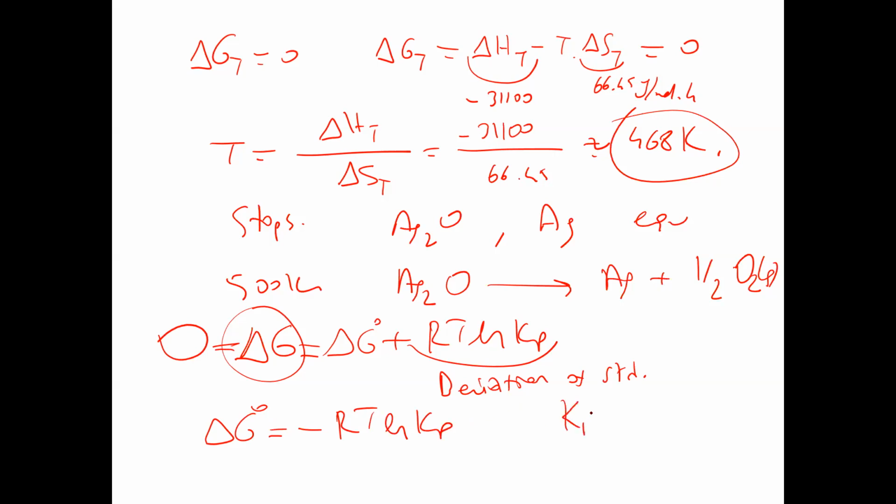What is Kp? Kp is the activity of silver oxide over the activity of silver times the activity of oxygen, square root of. Instead of the activity of oxygen, we take the pressure of oxygen because this is a gas.